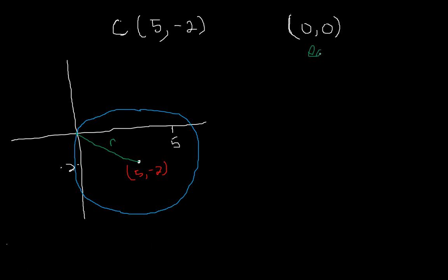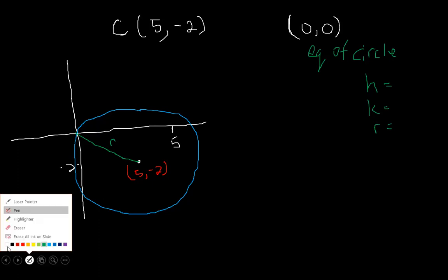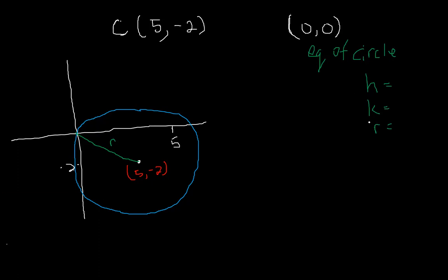So for the equation of a circle, we need a value for H, we need a value for K, we need a value for R. But we don't have any of the above. First, we could find the H and we could find the K.